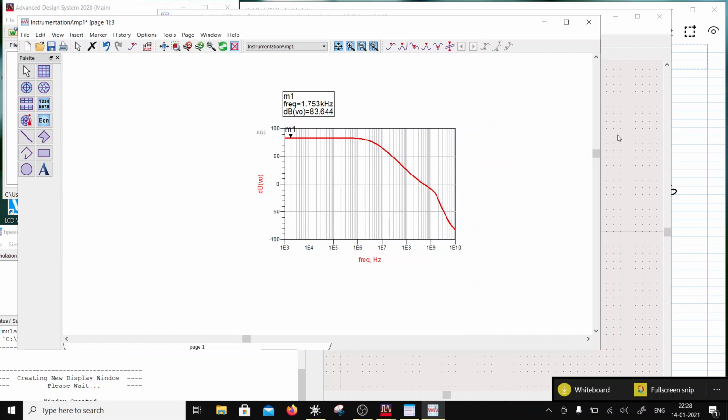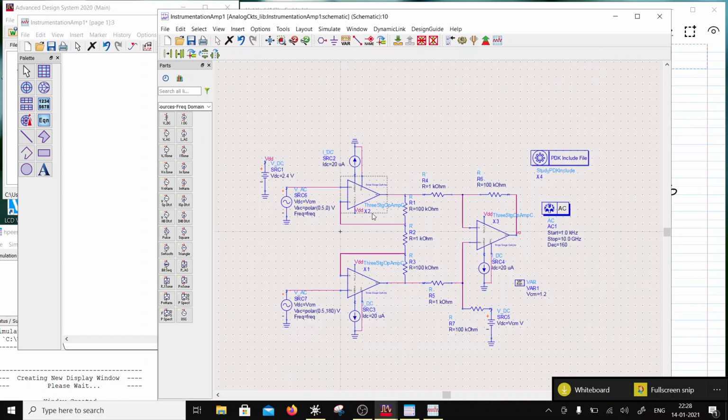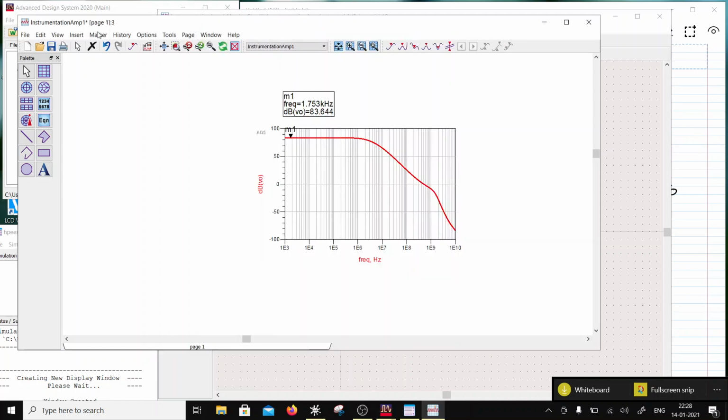Why? Because 200 is the gain on the first stage, which is 43 dB, and 100 is the gain on the second stage, which is 40. So 40 plus 43 is 83, and the corner frequency is going to be around 80 dB gain, so 3 dB down.